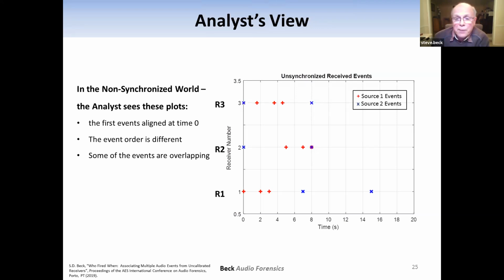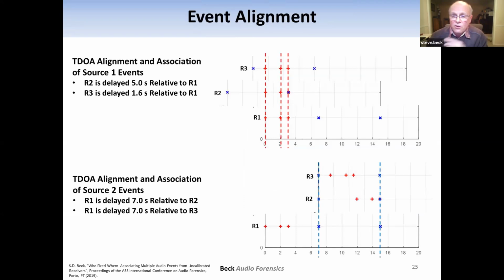Well, my paper says that you can shift these things around and you're going to get things that line up. If you think about it, it actually makes sense, but this is a nice proof that you can align the events from different recorders. And if they're from the same source at the same location, they'll all time align.